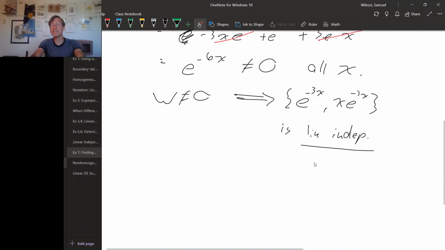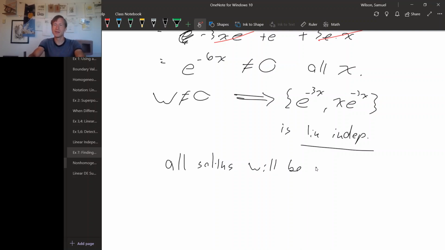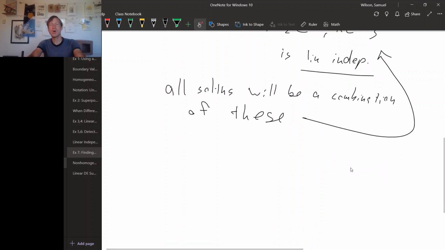So since we have a linearly independent collection of 2 solutions for a second order equation, all solutions to the differential equation will be a combination of these 2 that we already started with.